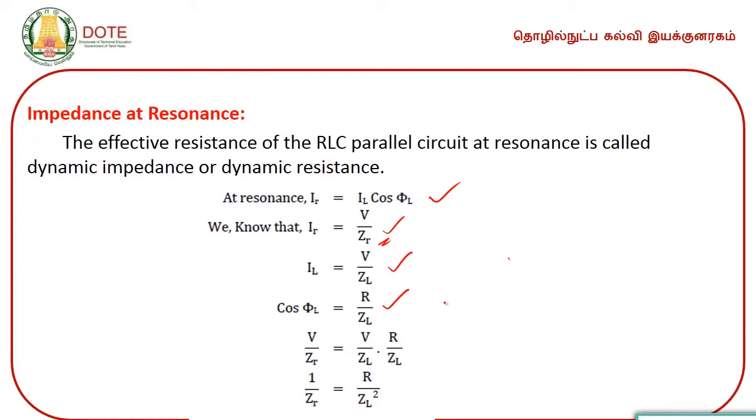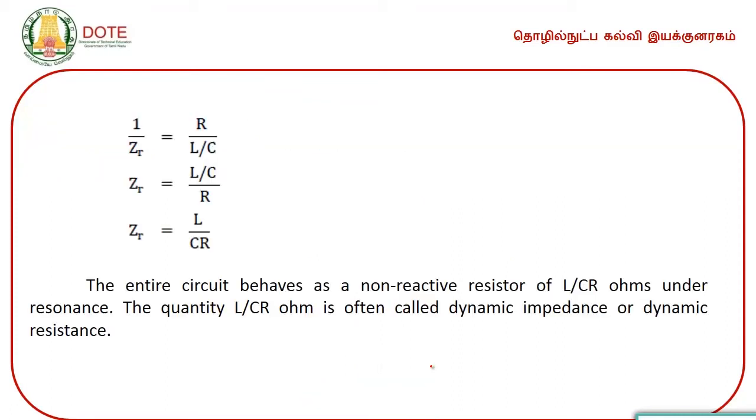So, V by ZR is equal to V by ZL into R by ZL. So, from that you find out 1 by ZR is equal to R by ZL square. So, 1 by ZR is equal to R, I am bringing this C down. So, it is R by L by C. So, this is a single term.